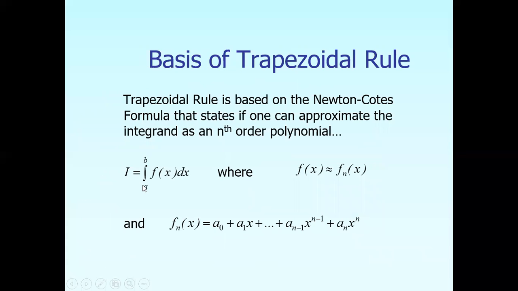The trapezoidal rule is based on Newton's cotes formula, which states that if one can approximate the integrand as an nth order polynomial, that is I is equal to integration of a to b f of x dx, where f of x is approximated by fn of x, and fn of x is a0 plus a1 x plus a2 x square plus and so on up to a n minus 1 x raised to n minus 1 plus a n x raised to n.